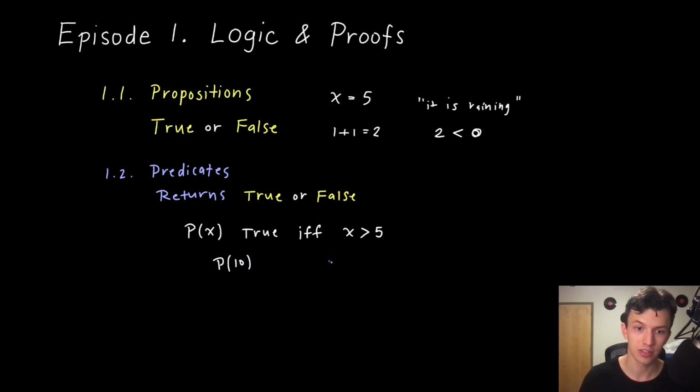P of 10 is a proposition, and P of 4 is a proposition. This first one is true because 10 is greater than 5, and the second one is false. So in this example, P of 10 is true, P of 4 is false. Each one of those has one bit of information. And together, these each are propositions.